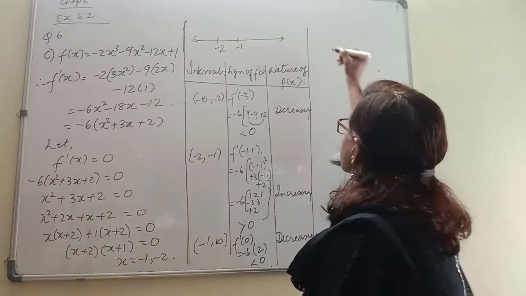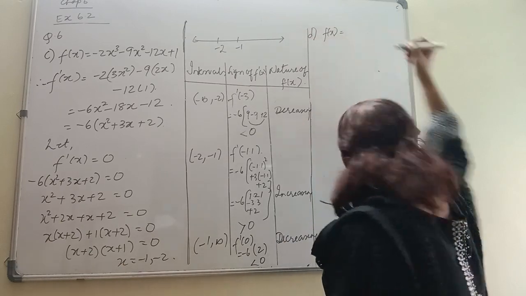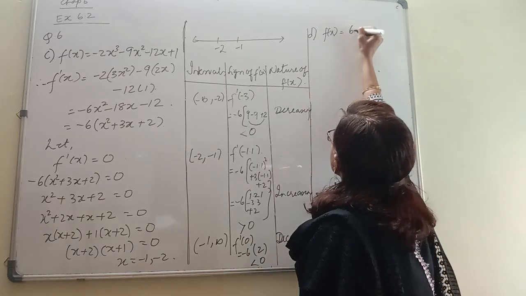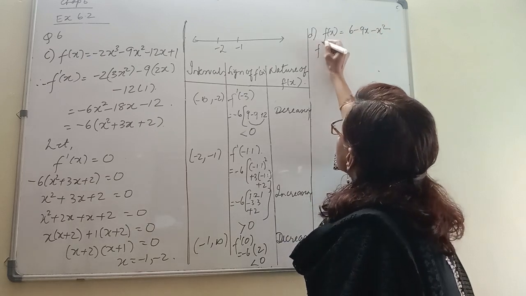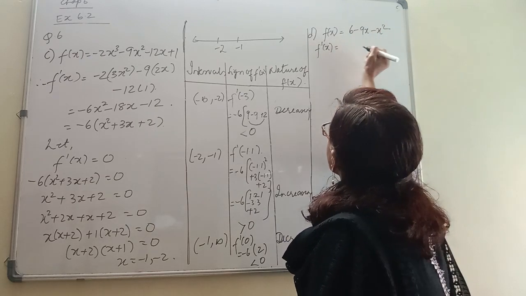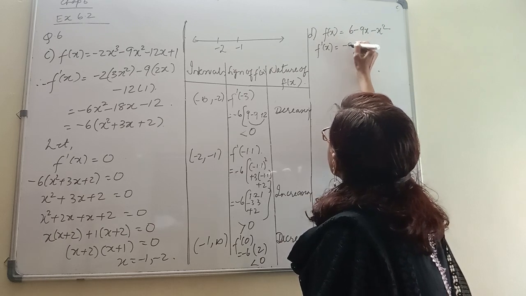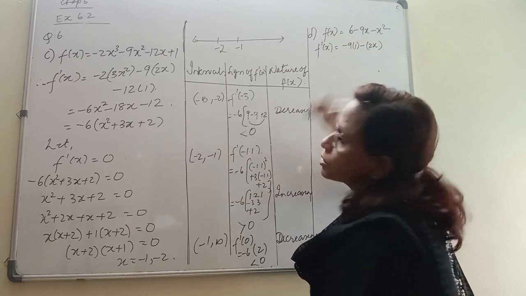Let's take the next part, where we call f of x as, that's a quadratic, 6 minus 9x minus x squared. As usual, let's take f dash x. So f dash x is going to be 9, no derivative for this. 9 into derivative of x is 1, derivative of x squared we all know is 2x.